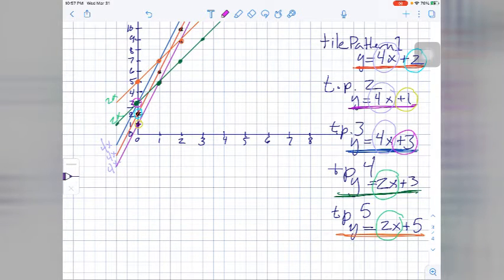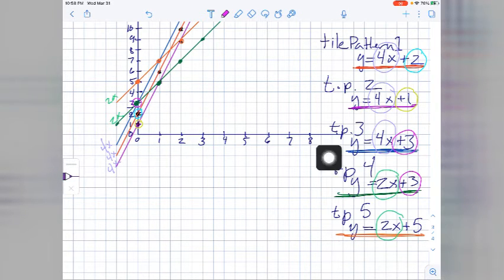And that 3 is not just circling the blue line, it's also circling the green line. Why is it circling the green line? It's because the green line also has a 3, right? We see that the green also goes through that exact same point. So this little number right here is just talking about the place where each line crosses the y-axis.